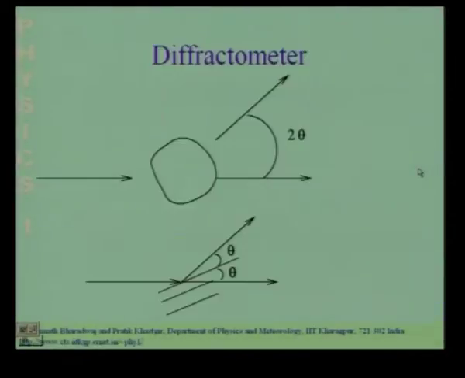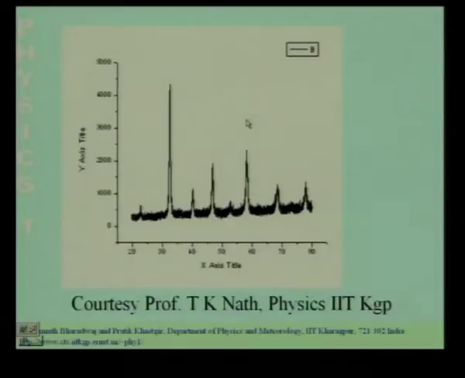And so, you now have a sample made up of that lanthanum strontium manganese oxide on which you shine X-rays. What the diffractometer does is measure the intensity of the scattered X-ray as a function of this angle, which is called 2 theta. This shows you the intensity measured at different angles 2 theta.